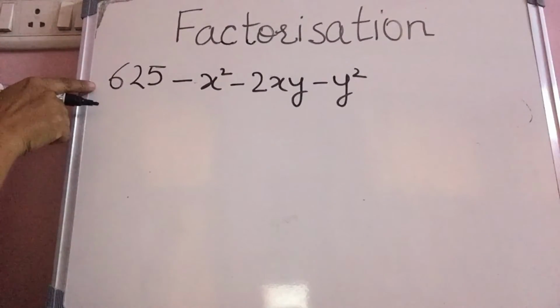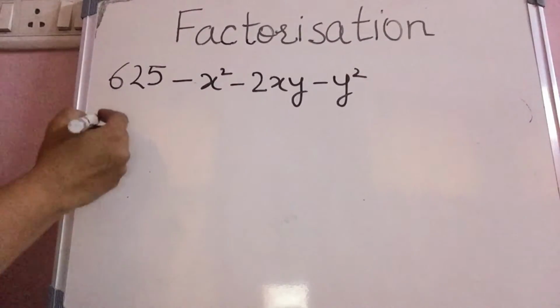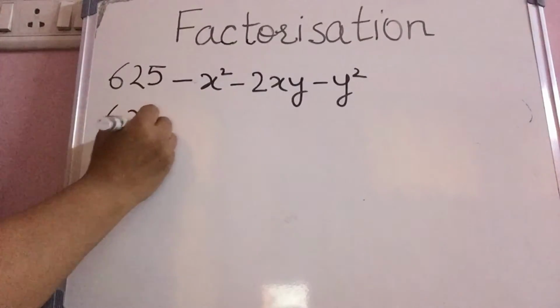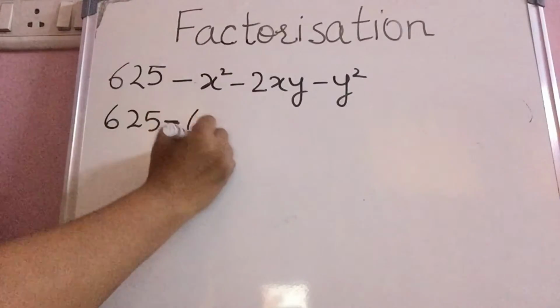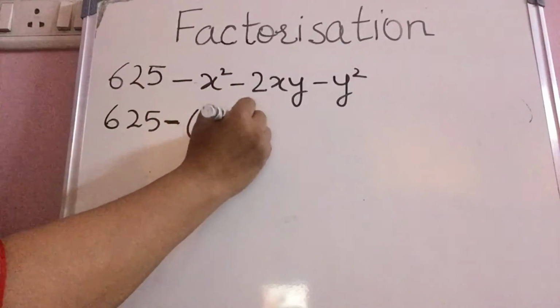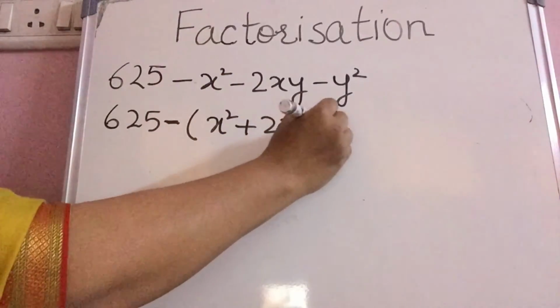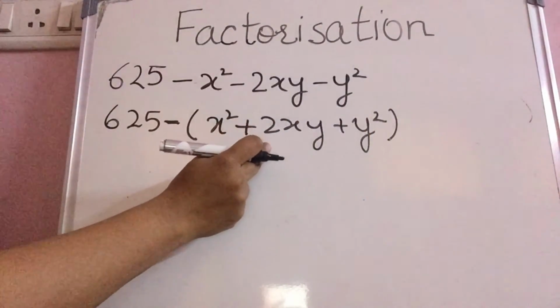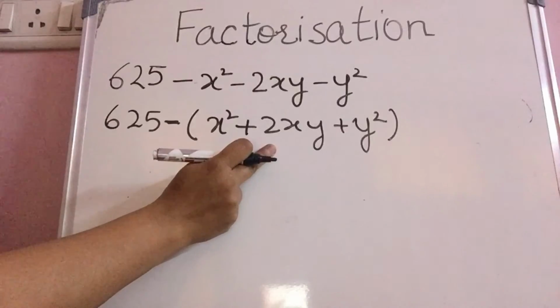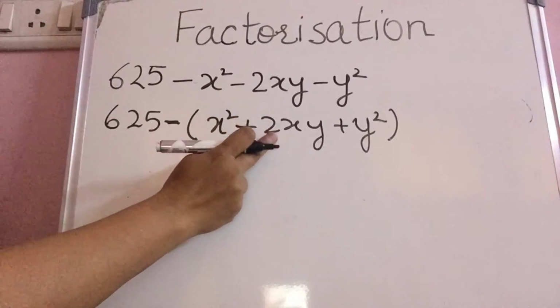Now if we have this question, we'll take the minus sign as common and we'll write x square plus 2xy plus y square. Now we can solve this bracket by using identity or by splitting the middle term.